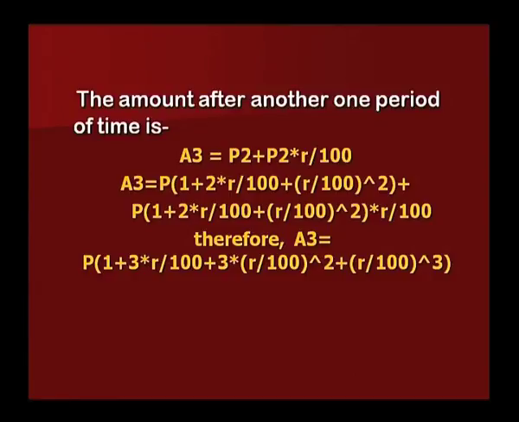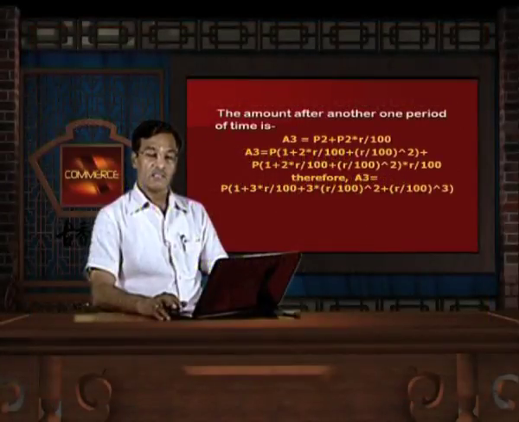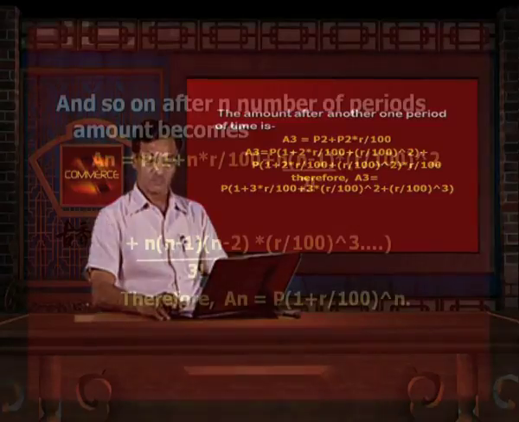Therefore, A3 is equal to P(1 + 3R/100 + 3(R/100)^2 + (R/100)^3). Here we have calculated this amount A3 by calculating a simple interest on the amount A2.